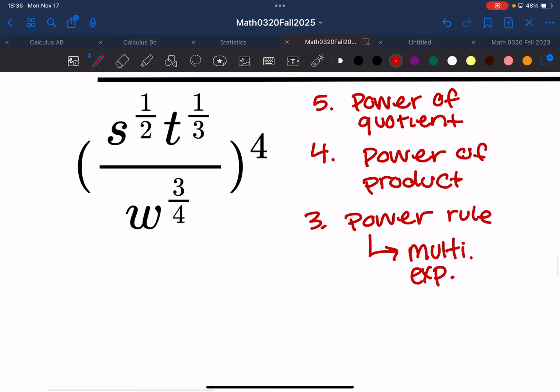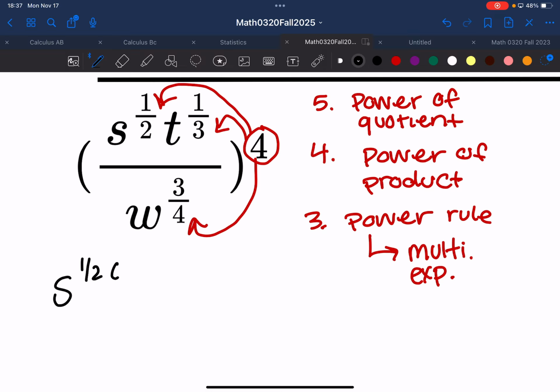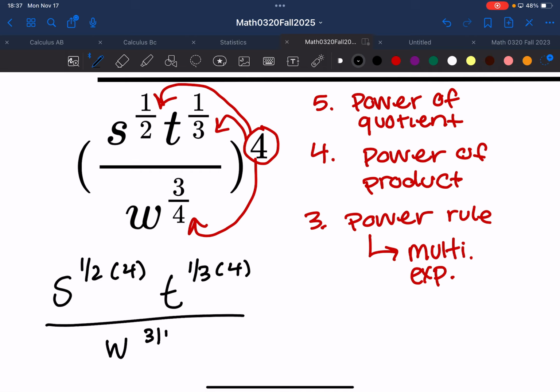So we would take this exponent of 4 and give it to every single one of these exponents. So this is going to be s to the 1/2 times 4, t to the 1/3 times 4, and w to the 3/4 times 4.